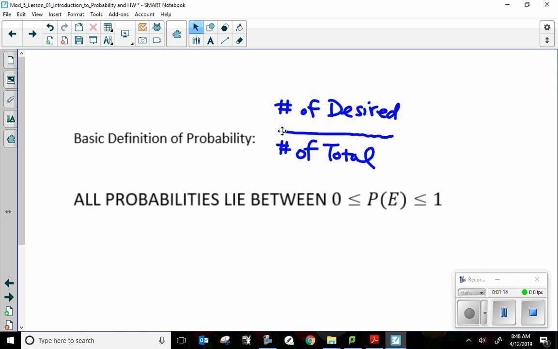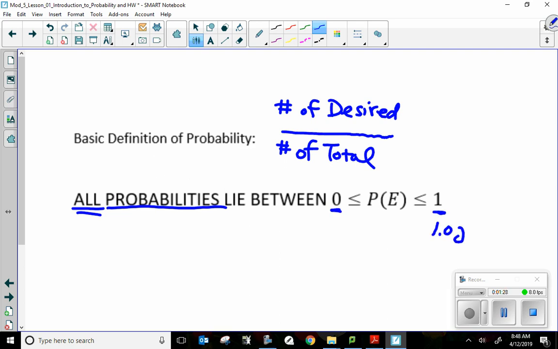And those fractions can be turned into decimals. All probabilities, whether they're fractions or decimals, should be between 0 and 1, with 1.00 representing 100% and 0.00 representing 0%.